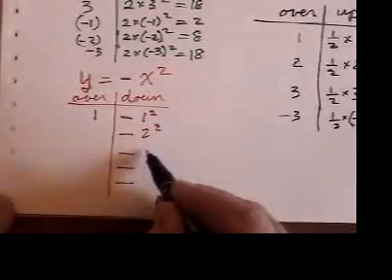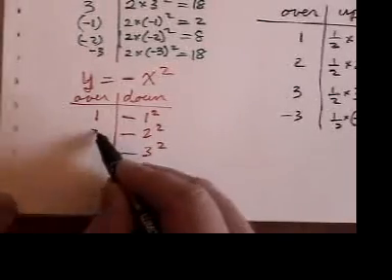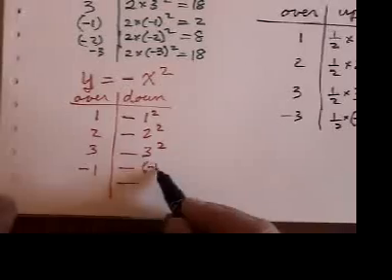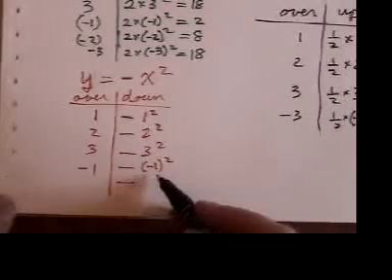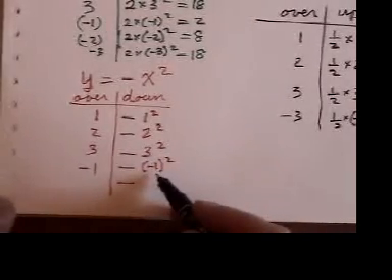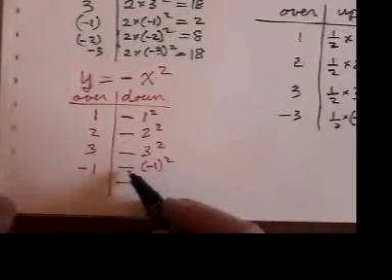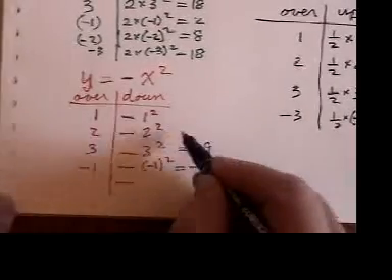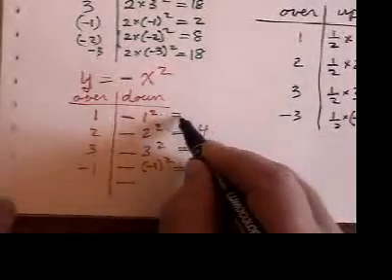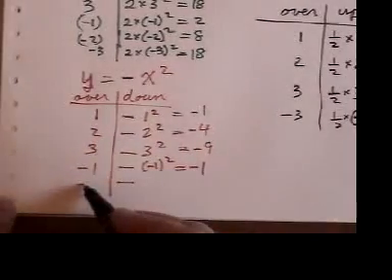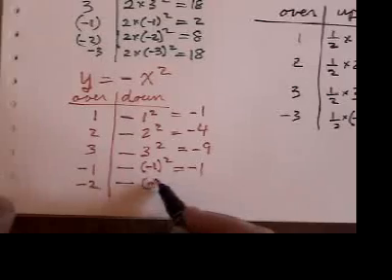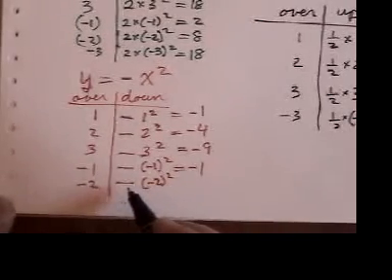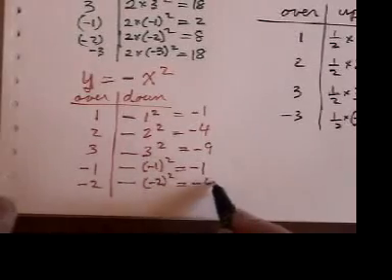Negative 2 squared. Negative 3 squared. If I go to the left, the square of negative 1 is 1, and then this negative sign still changes it to negative 1. If I went to the left 2, negative 2 times negative 2 is positive 4. Think of this as the opposite of positive 4, so that's negative 4.